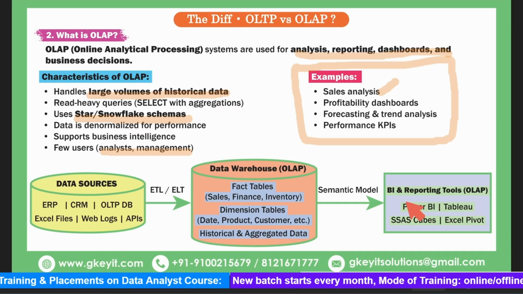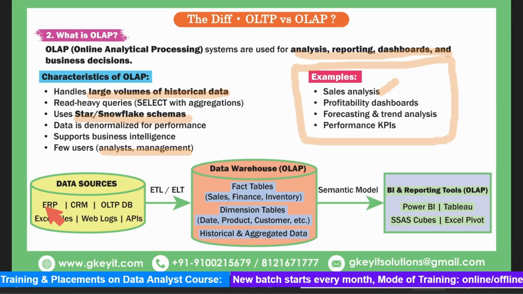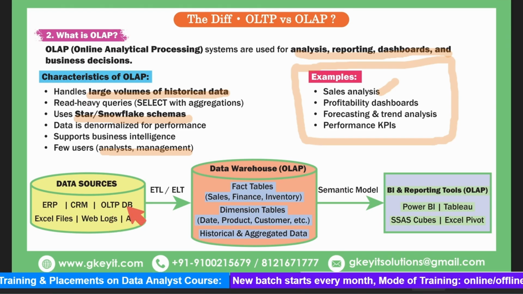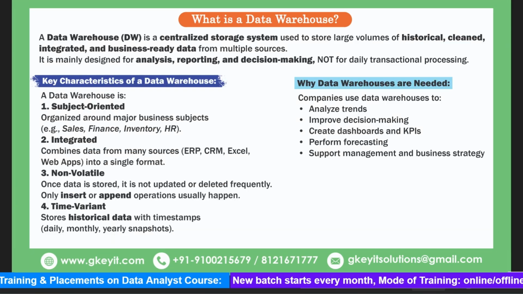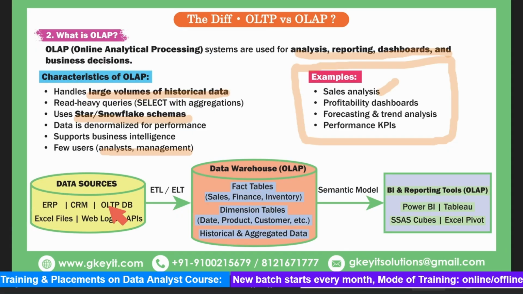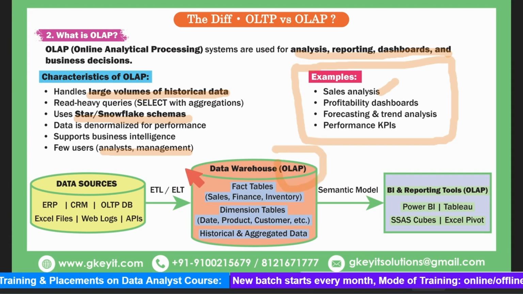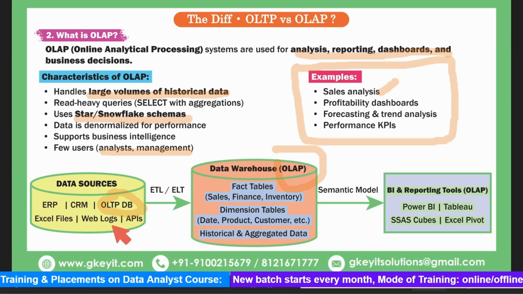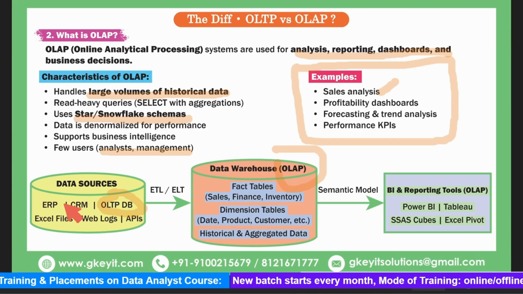Coming to the diagram of this OLAP system, there would be different source systems like ERP, CRM, OLTP databases. That means here the OLTP databases are source systems for the OLAP systems. You can see like this, and other things like Excel files, web logs, APIs. These are all different data sources.